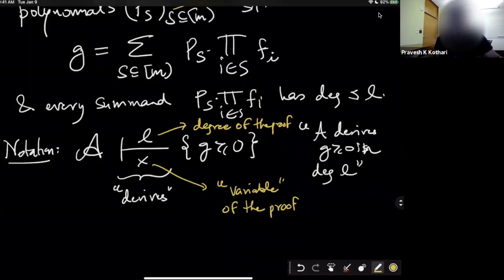In such settings, you want to clearly identify the variable of your sum of squares proof, and we will write it at the bottom in this notation. Usually we'll suppress it, but if we want to clarify what the variable of the proof is, we write it at the bottom. Very good. And as I said, we suppress it when clear from context.